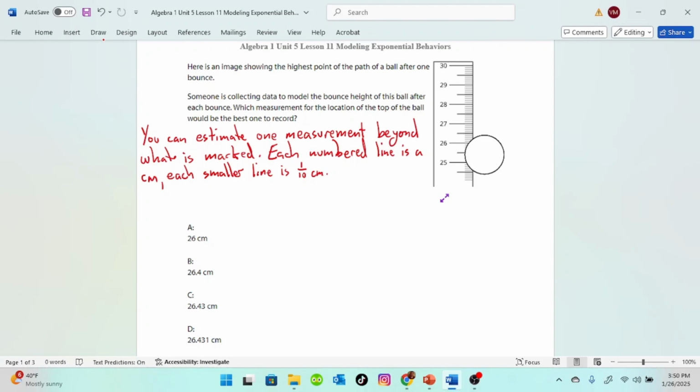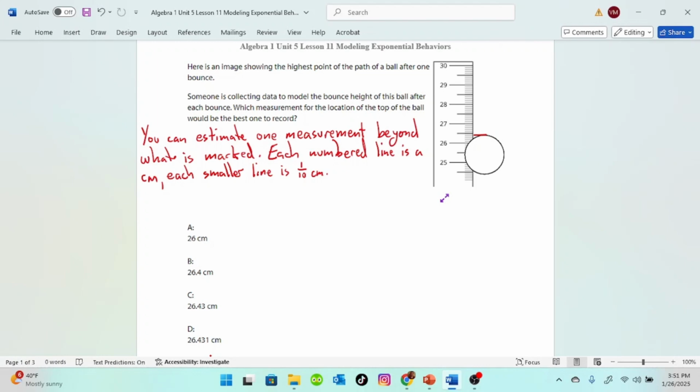So we know that the top of the ball is right here. We know that that is above the 26, but below the 27. So we know that the 26 is correct in each of these choices. The next thing we see are these millimeter lines that represent 1/10.